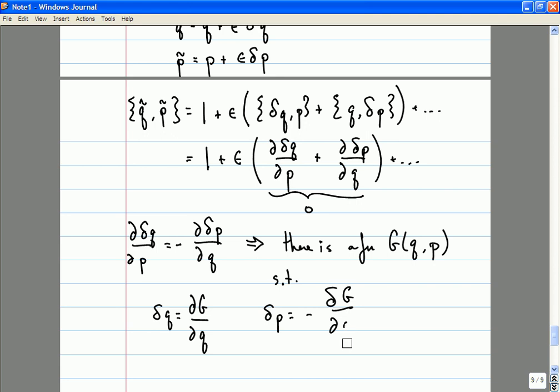Then you see if you took that and plugged it into this equation, that equation would necessarily be true by the equality of mixed partial derivatives.